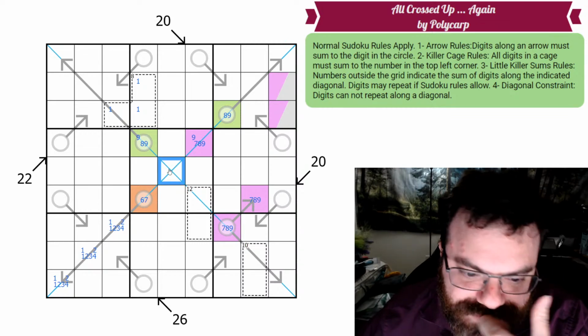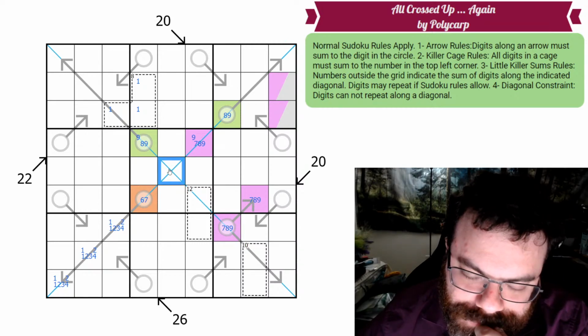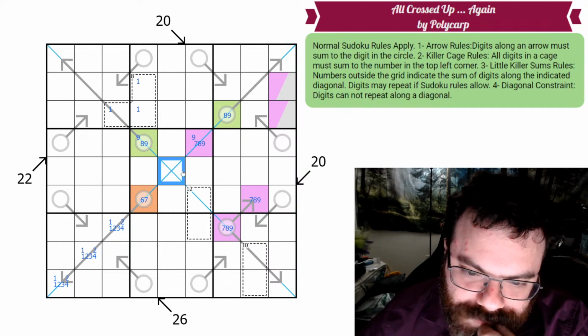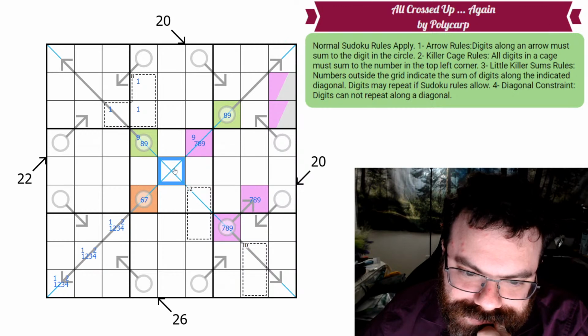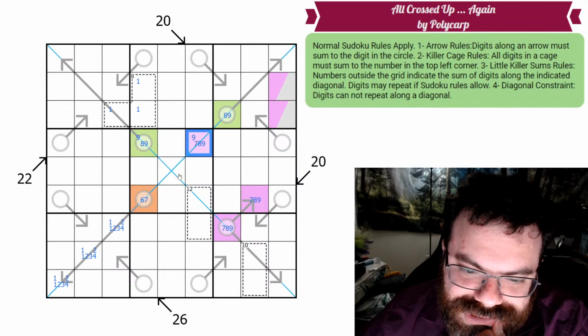Can the center be 5? I don't see why not. It would mean that green is 9. It would mean green is 9 and purple is 8.